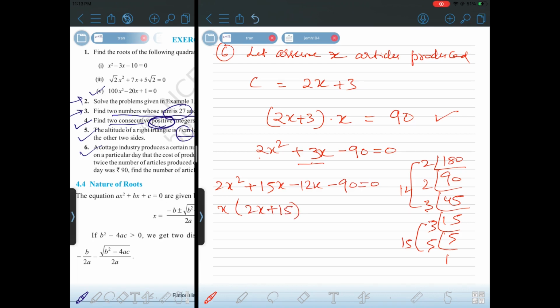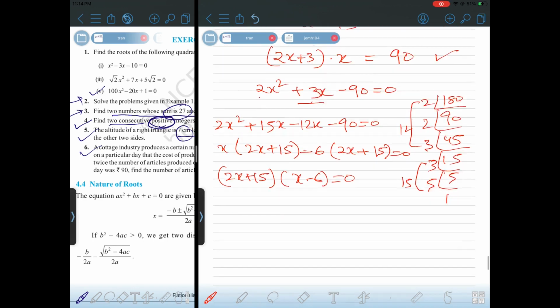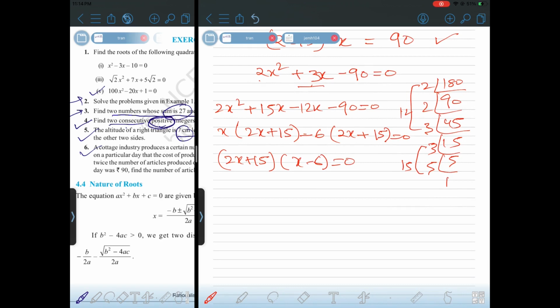Here we can take minus 6 as common. That gives us 2x plus 15, since 6 times 5 is 30. Now the common factor is 2x plus 15, in brackets x minus 6, equal to 0. So that gives us two numbers.